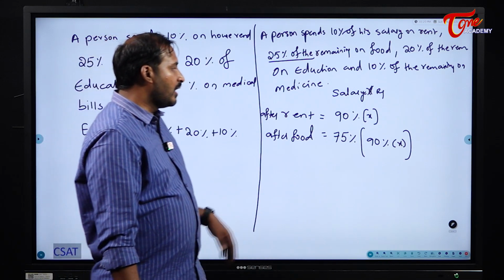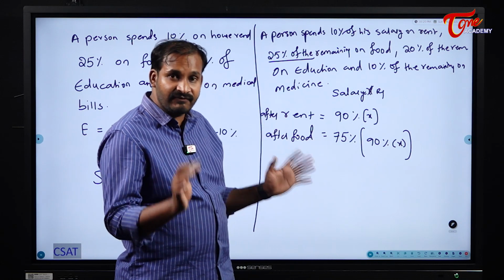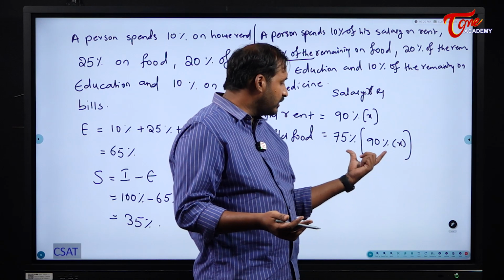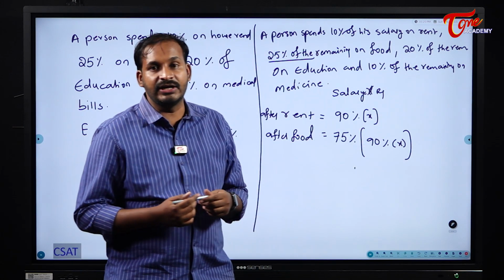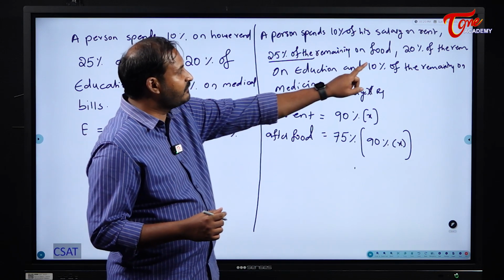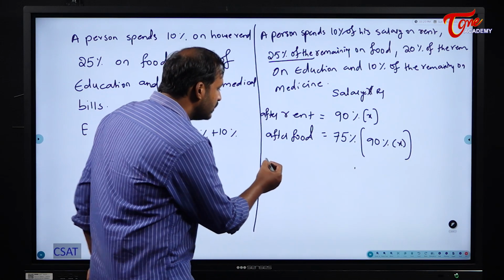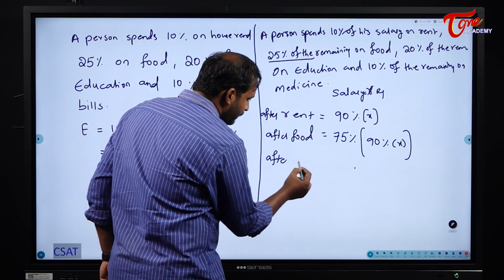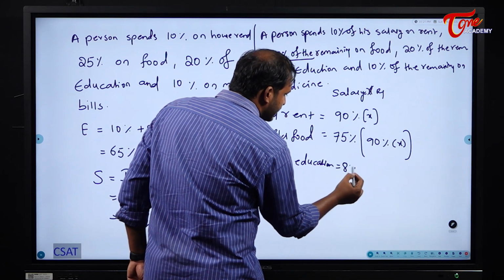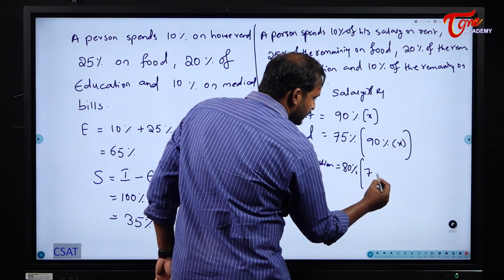Now my new remaining, 20% of the remaining on education. If 20% is spent on education, he will be left with 80%. So after education he will be left with 80% of the remaining, which will become my new remaining.